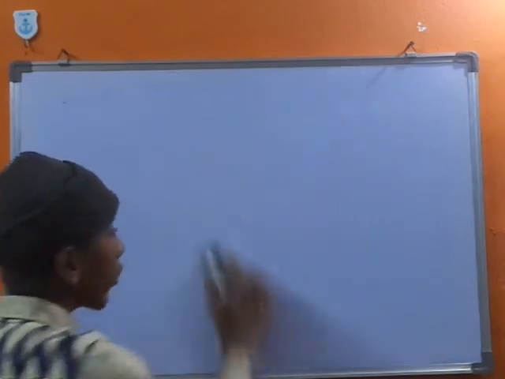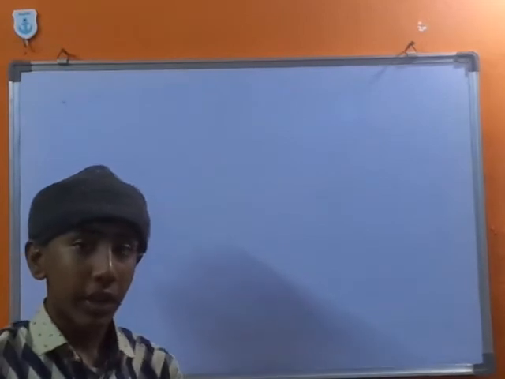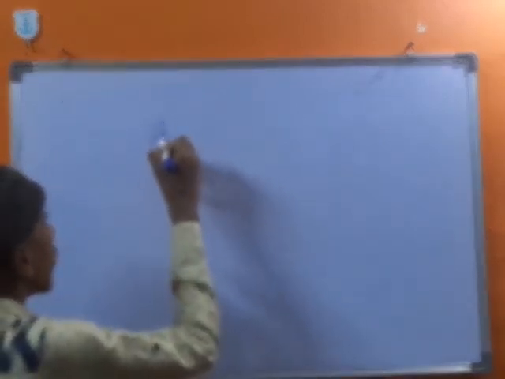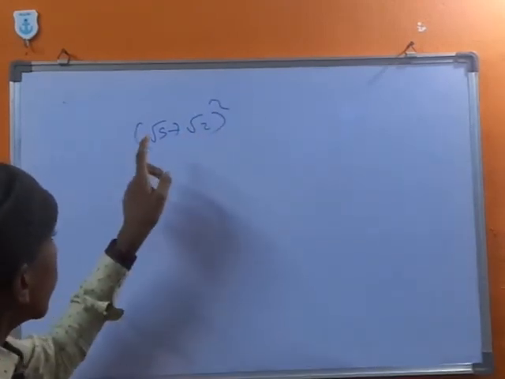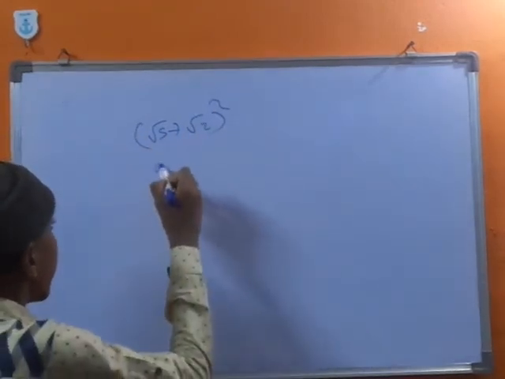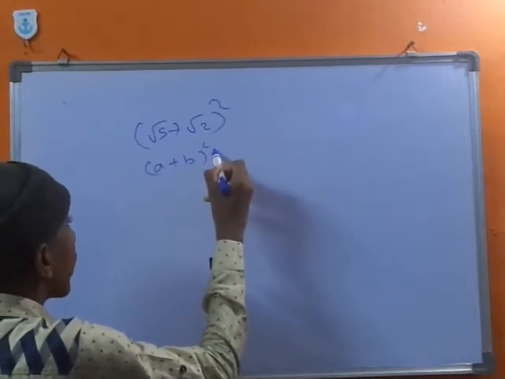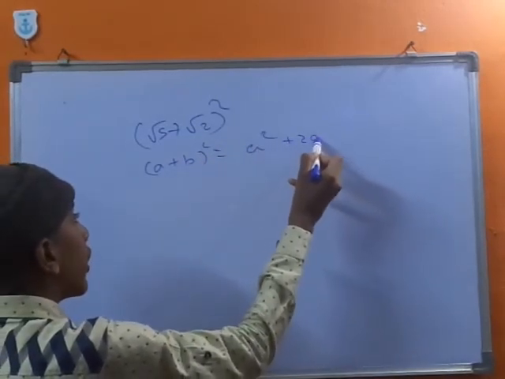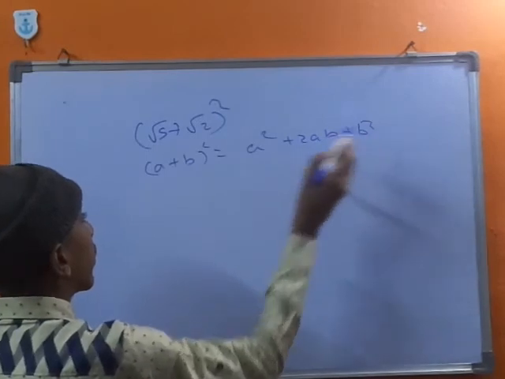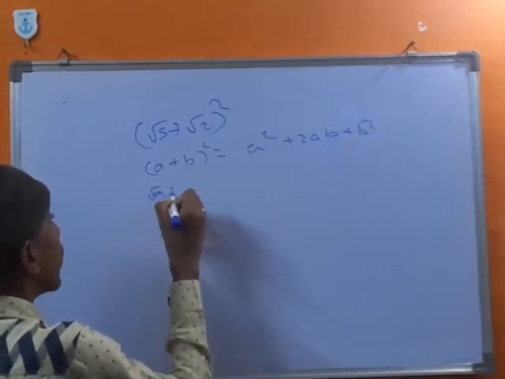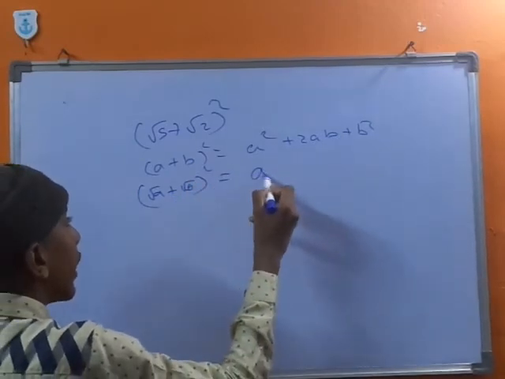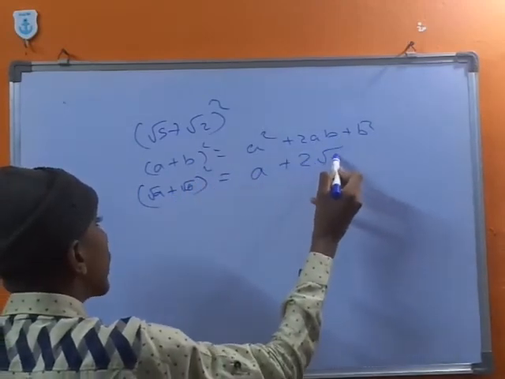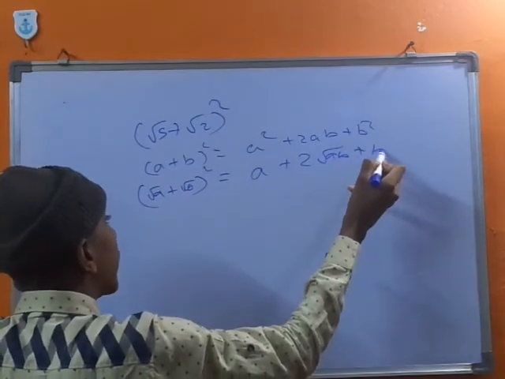root a plus root b whole square, which can be proved by using a plus b whole square. So root 5 plus root 2 whole square. So a plus b whole square is equal to a square plus 2ab plus b square, where root a plus root b whole square is equal to a plus 2 root ab plus b.